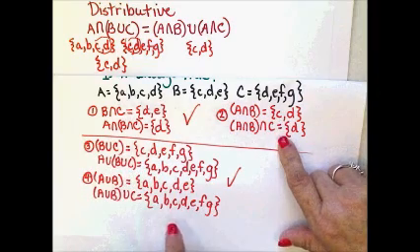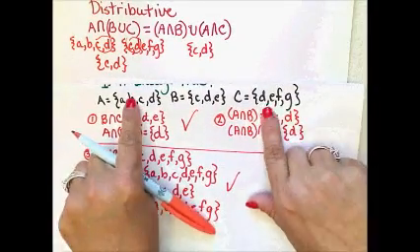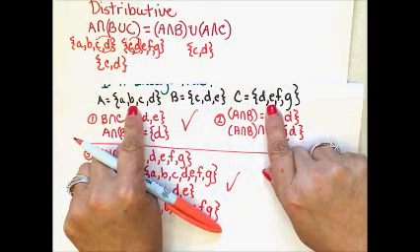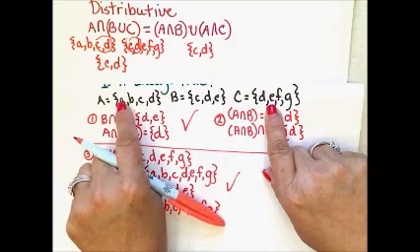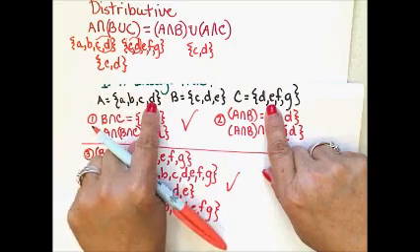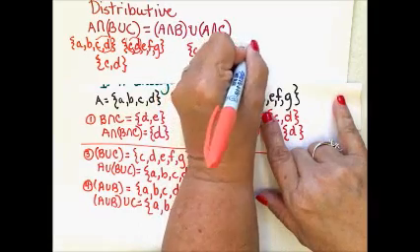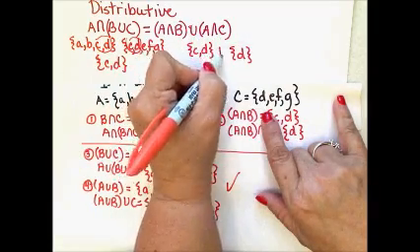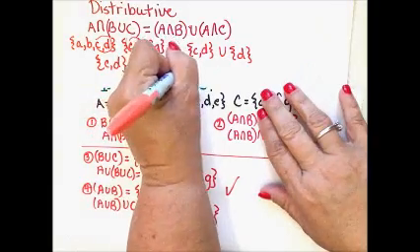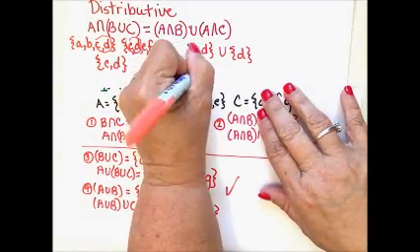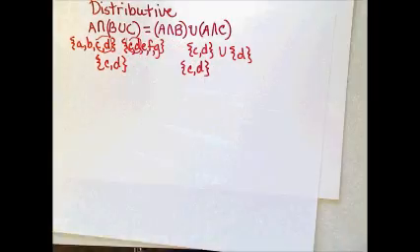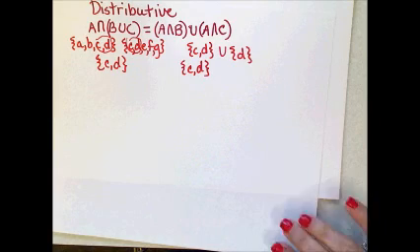So A intersect C would be what's common here. So let's see, I have A, B, C, D. So D is what's common. Now, we're going to union those. So when we union those, we have C and D. Okay? So it works then with sets for the distributive property.